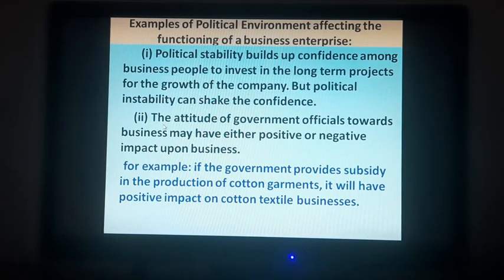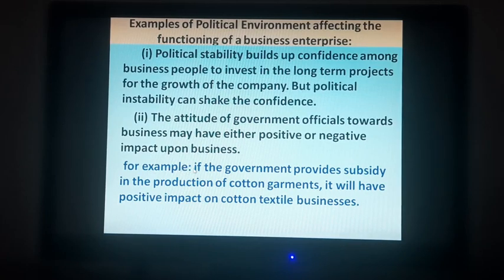In the second example, the attitude of the government officials towards business may have either positive or negative impact upon the business. So the ruling party, what they are giving importance, are they positive towards the growth of the business or companies in that country? So on that it depends.